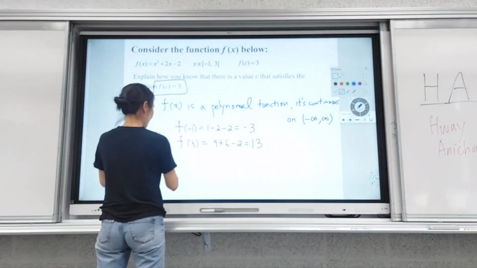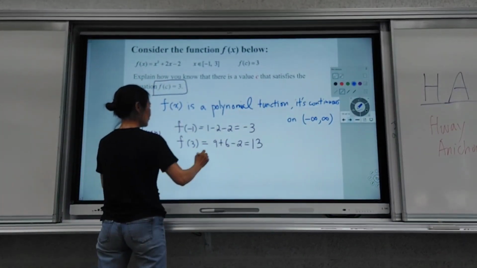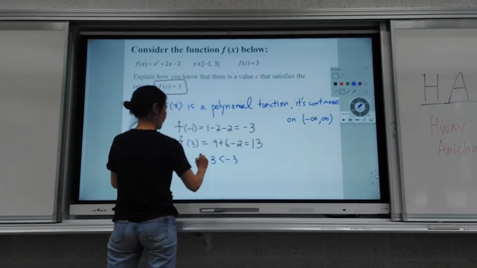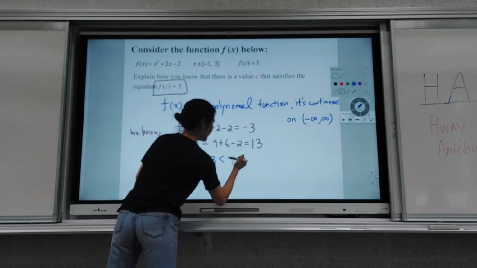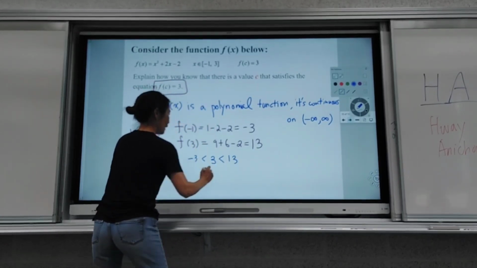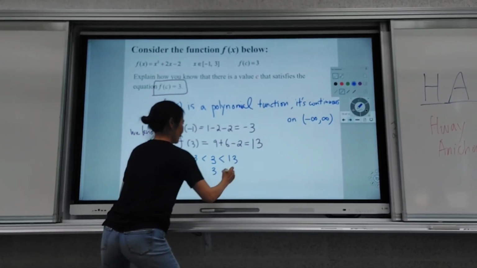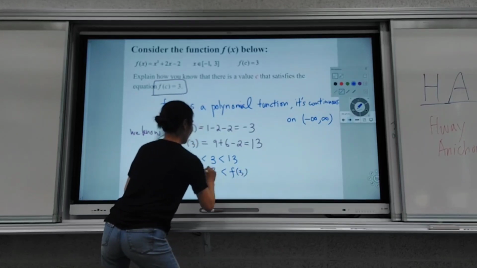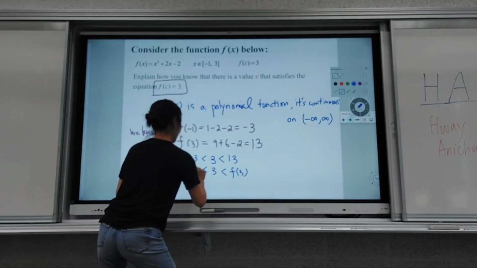So, since 3 is between -3 and 13, big number here, small number here, I like to state that this is between f of -1 and f of 3.